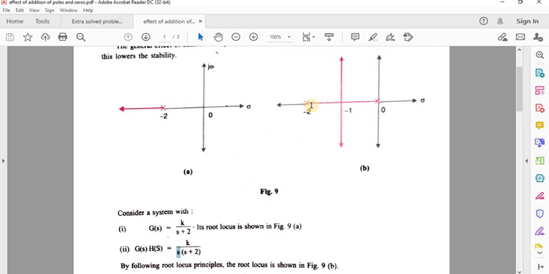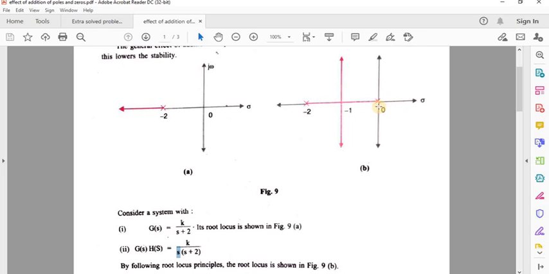So the root loci, real axis loci, will limit from minus 2 to 0 only. It will not go to infinity. So the root locus will be kind of here. Okay, it will be shifting to the right hand side.